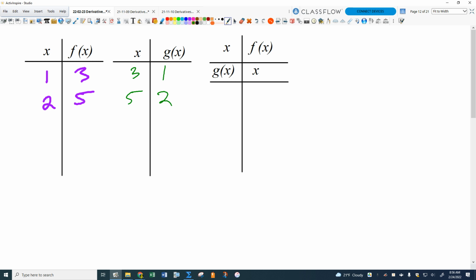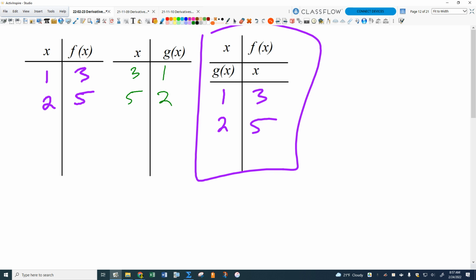So if we write these numbers on here, this encapsulates both of those statements. Everybody see that? We just read the g backwards. Inputs are right, outputs are left. And I'm telling you, that little trick makes all this stuff a ton easier.